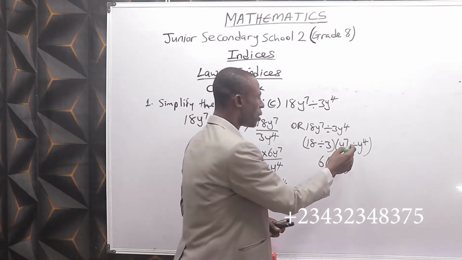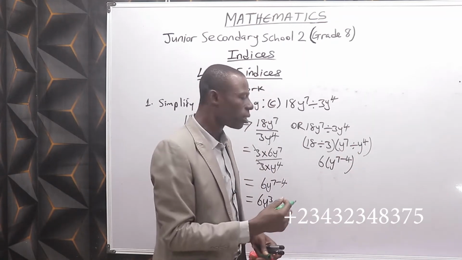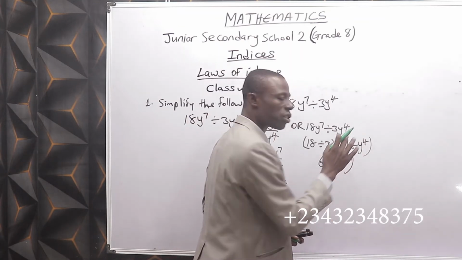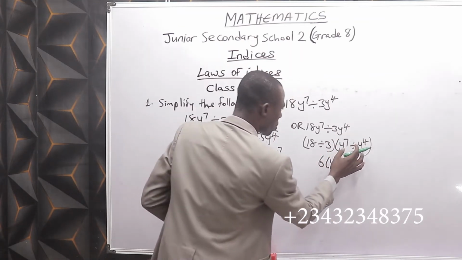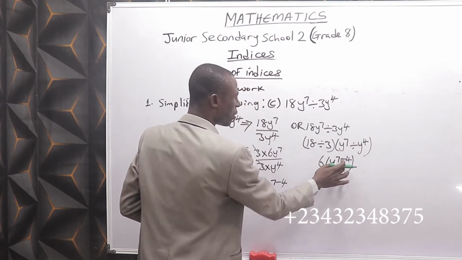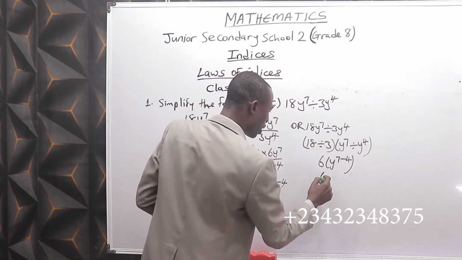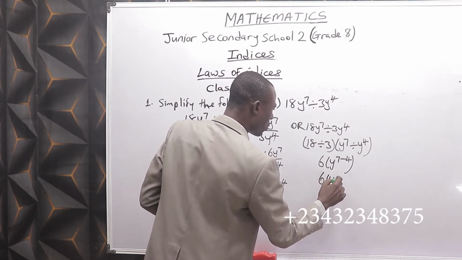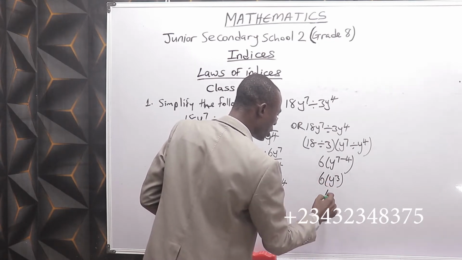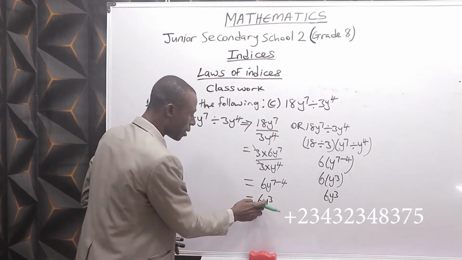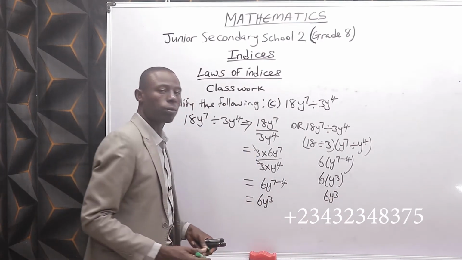Then we let the division sign change to subtraction at the exponential level, to subtract 4 from 7. Do you understand? So we have 6 into y raised to power 3, which is 6y raised to power 3. You can see that the answers are the same in both.